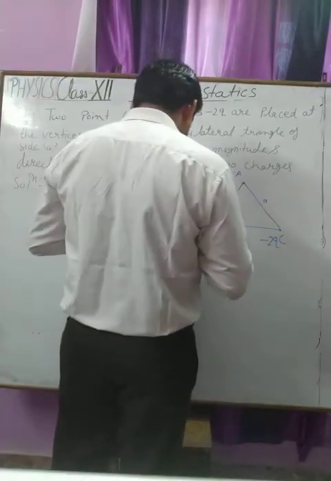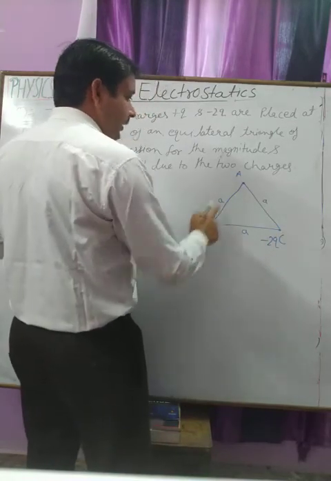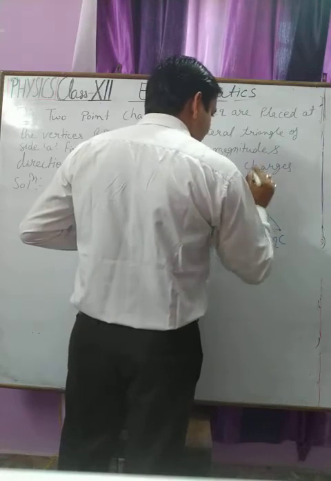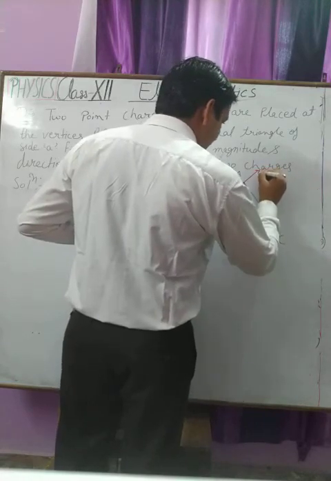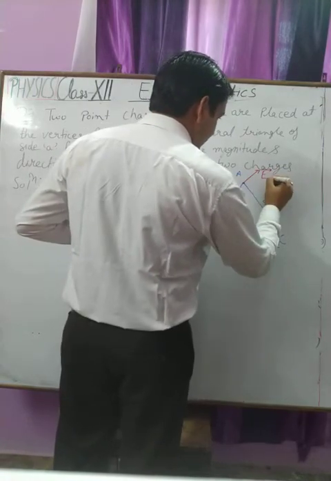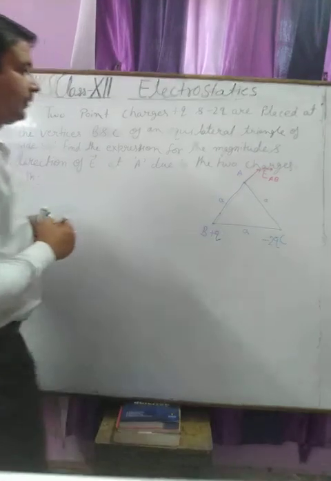So the electric field due to point B at A is the electric field on point A due to B.